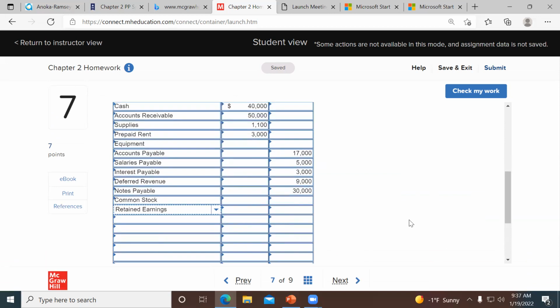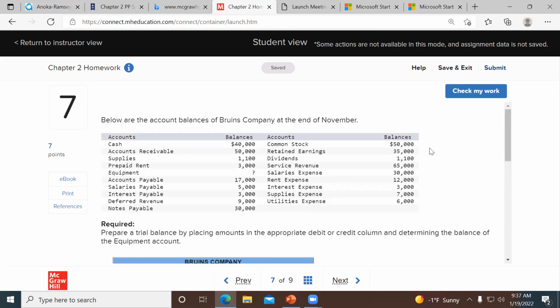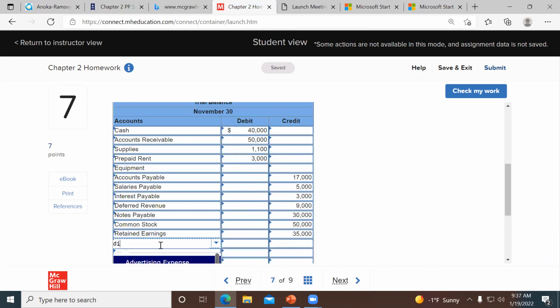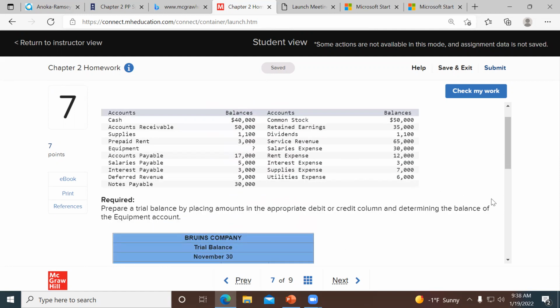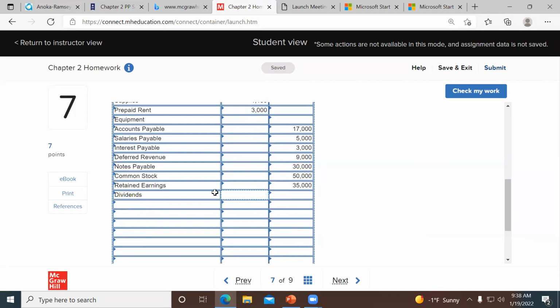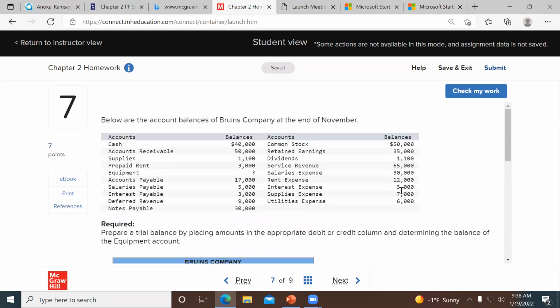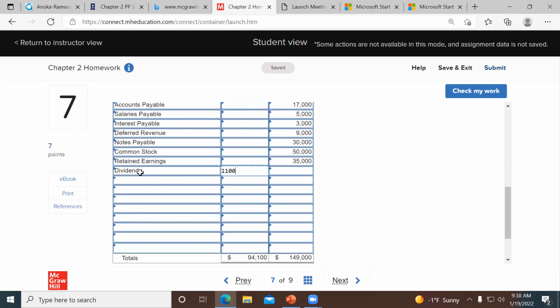Credit. Then our dividends have a normal what balance? Debit. Then we've got service revenue, which has a normal what balance? Credit.